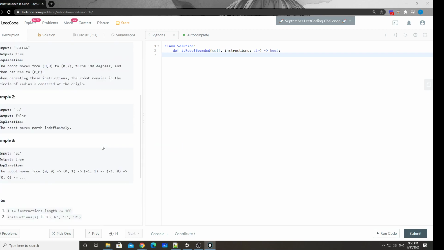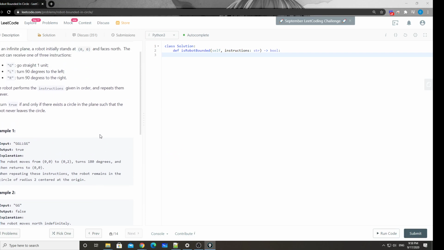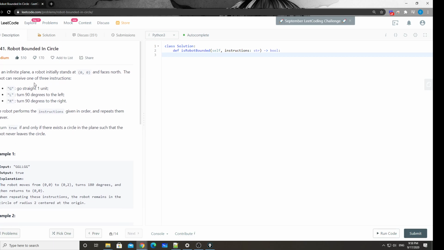The key thing for this problem is that you just have to figure out there are only two cases we can check that tell us if the robot's trajectory is within a bounded circle.